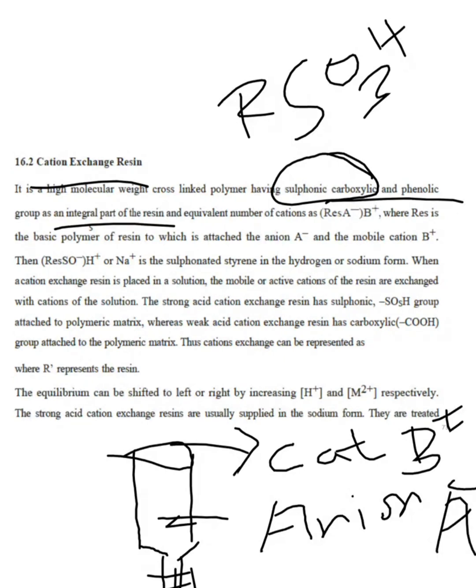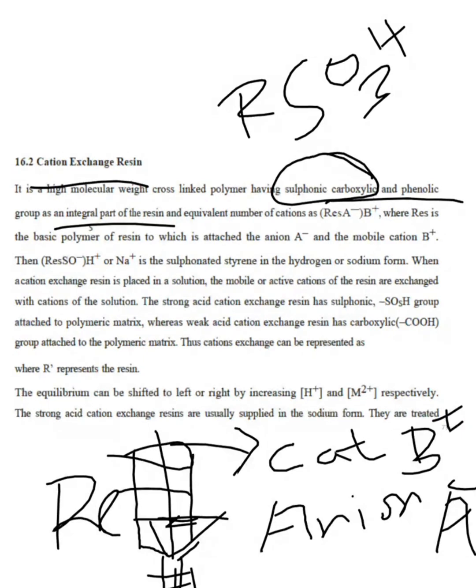So here resin is the basic polymer. When it is basic, the polymer is attached to the anion and the mobile cation B plus is shown here. This is the mobile phase, and when it comes in contact with the stationary phase, which is resin, the ions get exchanged.